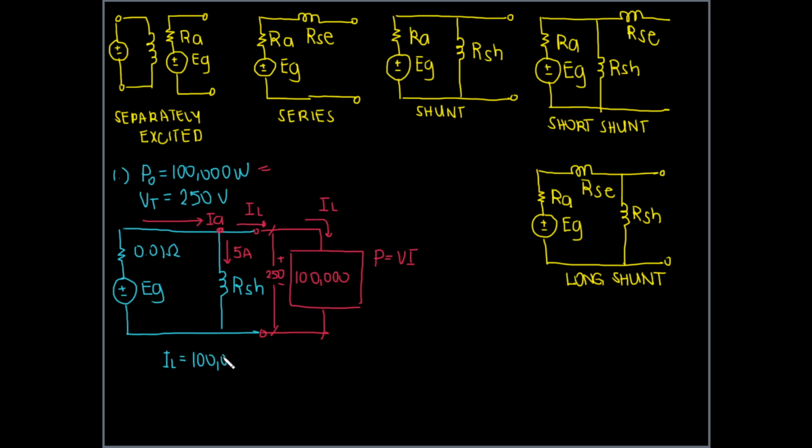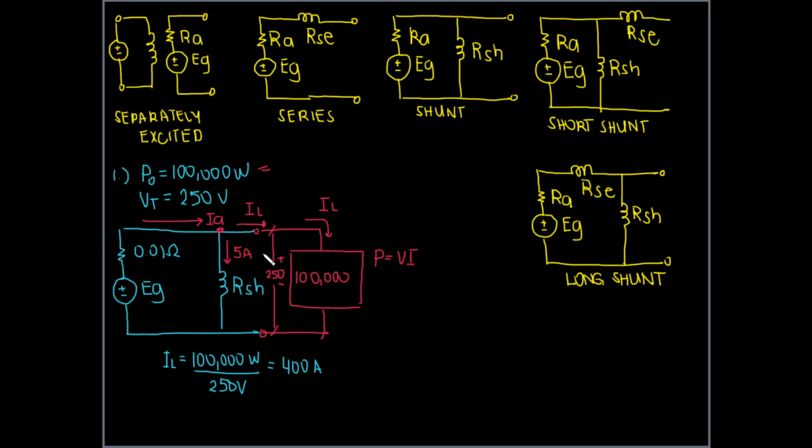So this is 100,000 watts divided by 250. And that must give you, 4 times 100 is 400, 400 amperes. There.